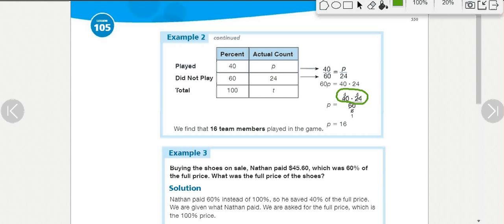Well, anyway, 40 times 24 over 60 is what they do, like we were going to do. And then you can reduce, I suppose, this by 6. So this would be 4, this would be 10, and then this one by 10 as well.